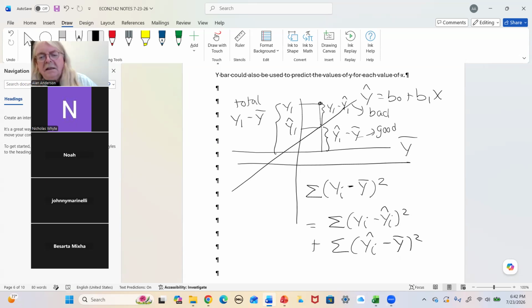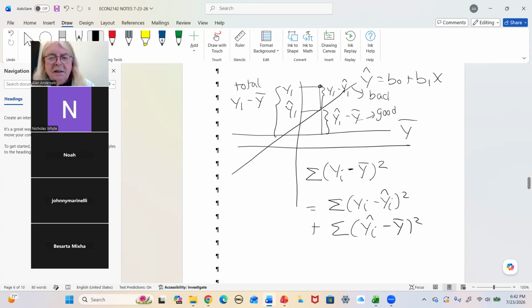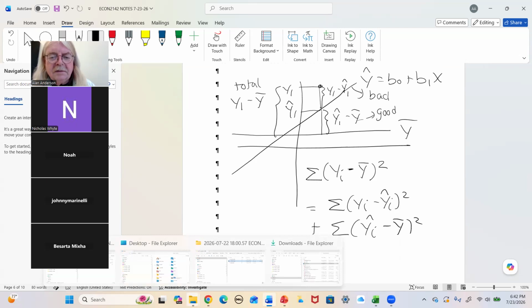Okay. So in other words, instead of y compared with y bar, we've summed it and we've squared it. And so remember, this is total, bad, and this is good.